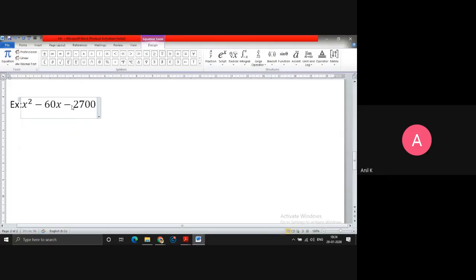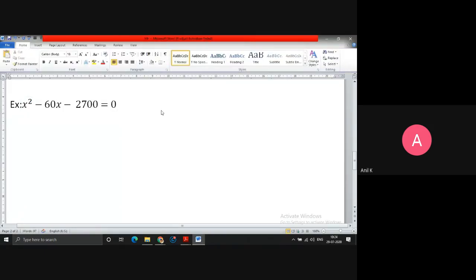Generally when you have these numbers, students will get it by splitting the middle term, no issue, but they take much time to solve the equation. Sorry, this is the example, and now the solution.